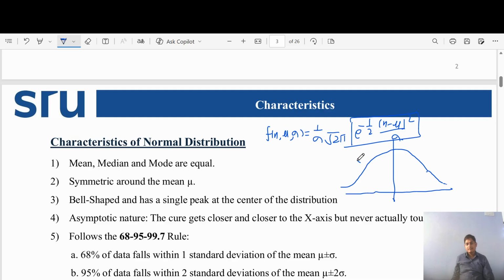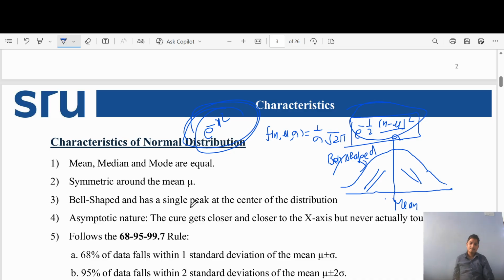So this is a bell-shaped curve. Why is it bell-shaped? Because it is an e to the power minus x square type graph. Mean, median, and mode lie at the center. It is symmetric about the mean, so the area on this side is equal to the area on this side.